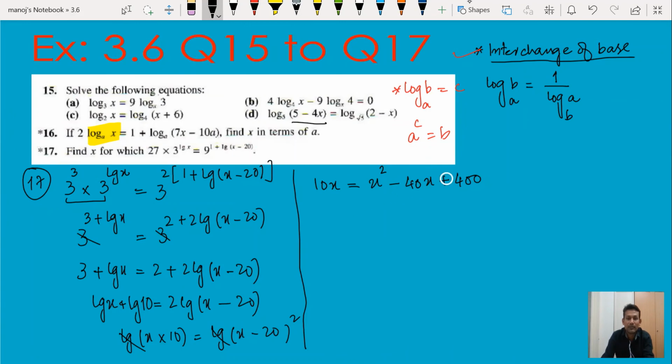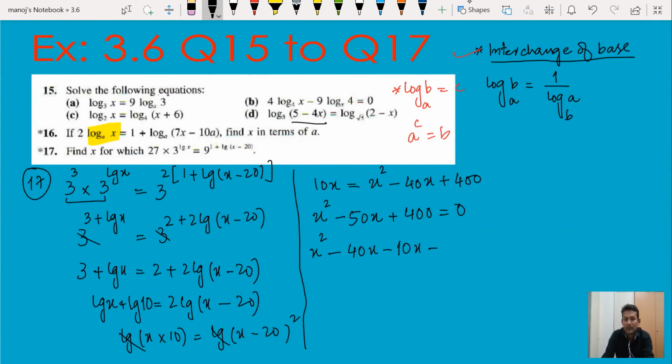This is the complete square formula I have used here. So x square minus 40x, this 10 when we move here is minus 10, minus 50x altogether, plus 400 equals 0. For x square, the factors of 400 that give minus 40x and minus 10x.